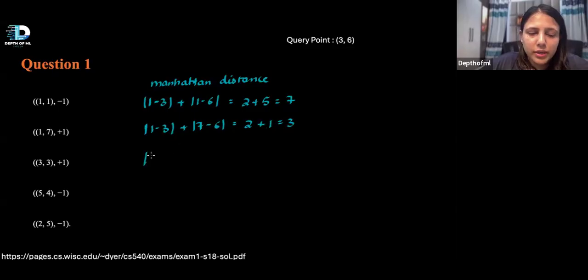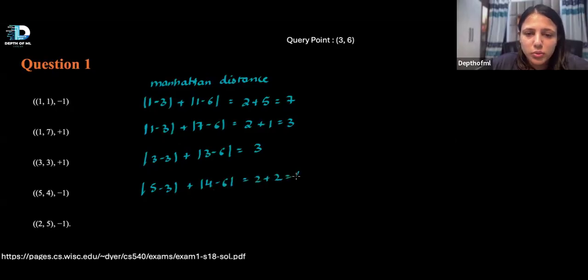Similarly, we'll compute the Manhattan distance for this particular point. So this is 3 minus 3, which is 0, plus 3 minus 6, which is 3. So this is 3. And then you have 5 minus 3 plus 4 minus 6, which is 2 plus 2, which is equal to 4.